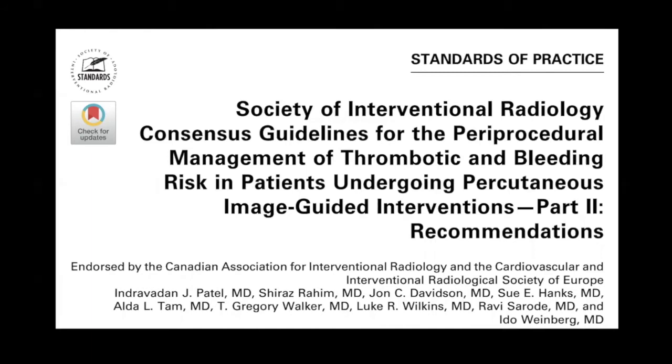For the purpose of the talk today, we shall be talking about part 2 of these guidelines, which mainly talk about recommendations made in consensus with this guideline update. The other article was on part 1, which we are not going to be covering today, and it was mainly focused on classes of anticoagulation medication and clinical considerations common in patients requiring percutaneous image-guided interventions.